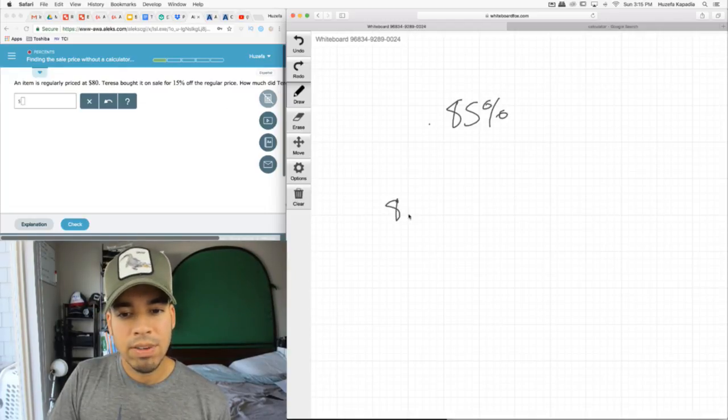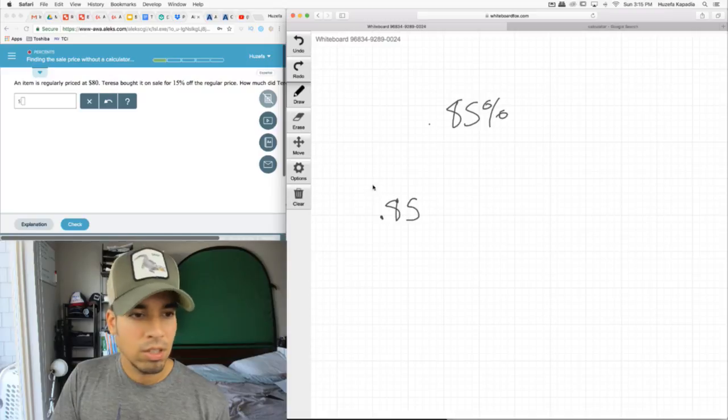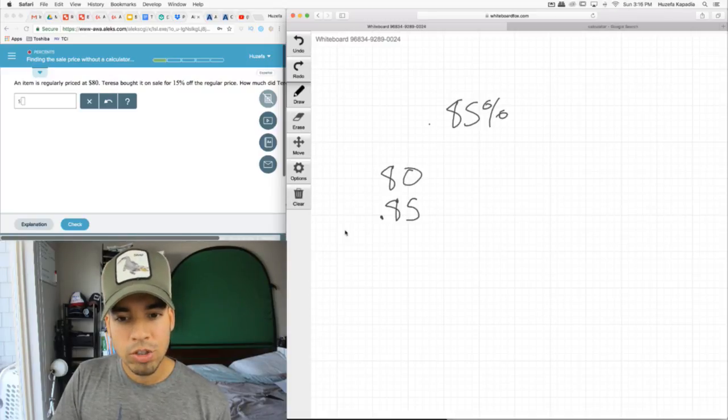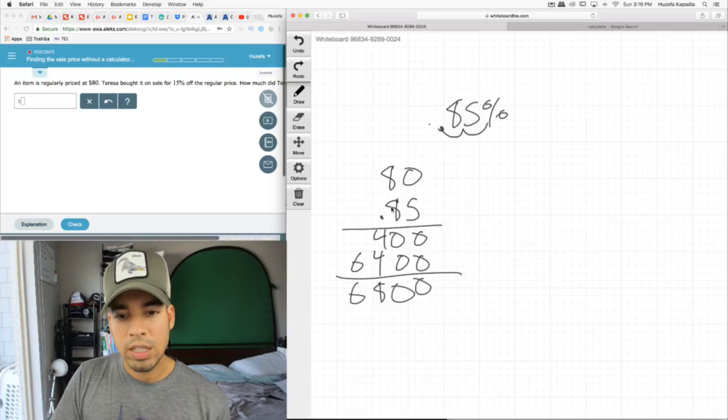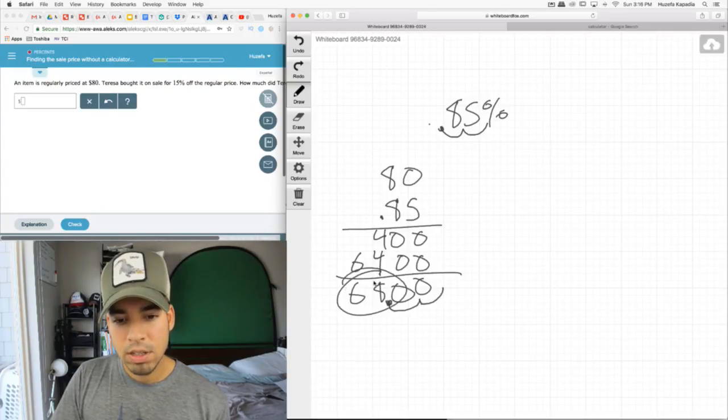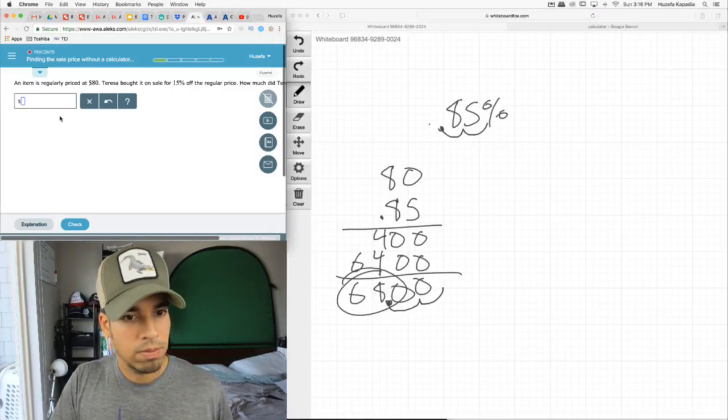So if I want to find 85% of 80, it's one step instead of two. Just do 0.85, right? Move the decimal over twice and multiply. 0.85 times 80, 5 times 0, 0, 5 times 8 is 40, 0, 0, 8 times 8 is 64. We got two numbers to the right of the decimal, so I move it once, twice to the left. And we got a price of $68.